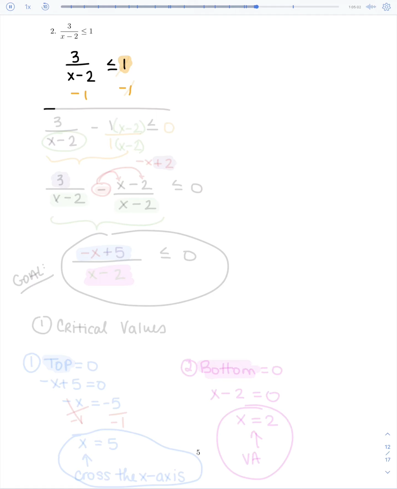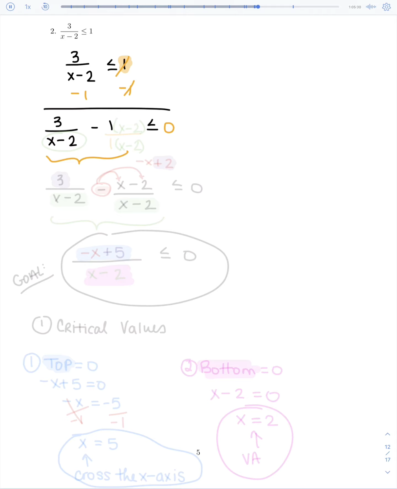And what that now gives me is 3 over x minus 2 minus 1 is now going to be less than or equal to, well, we moved the 1 over, so now there's just a 0 on the right-hand side. Now we're still not set because we've got 2 pieces on the left. We need 1. So I need to write this as one big fraction, so I need to get a common denominator first.